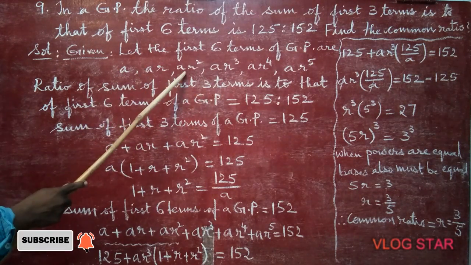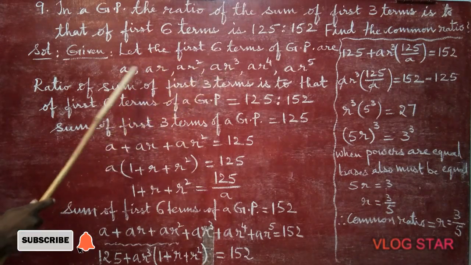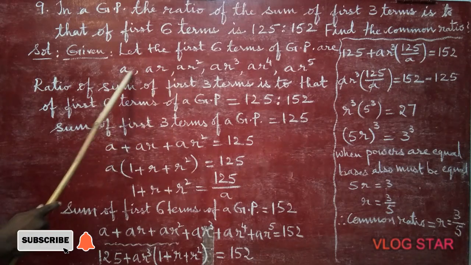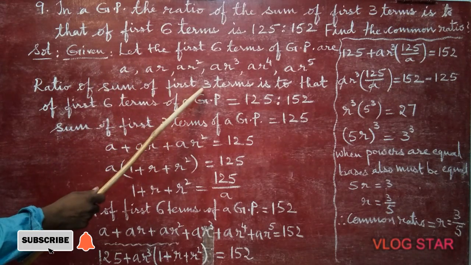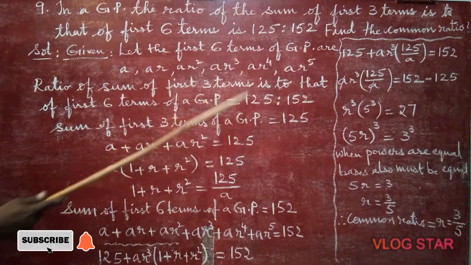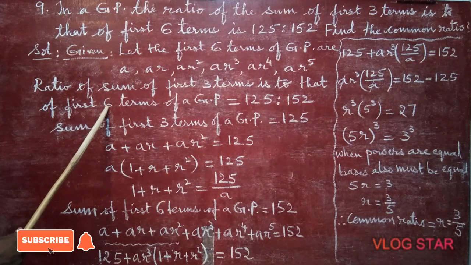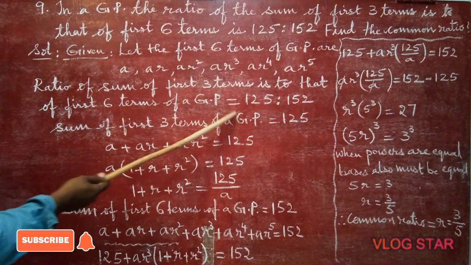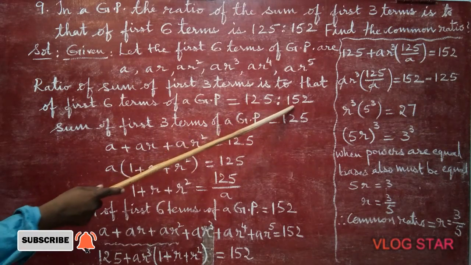There is a difference. Three terms means any three terms you can take. First three terms means right from the beginning you have to take. So the ratio of the sum of the first three terms to the first six terms of a GP is equal to 125 is to 152.